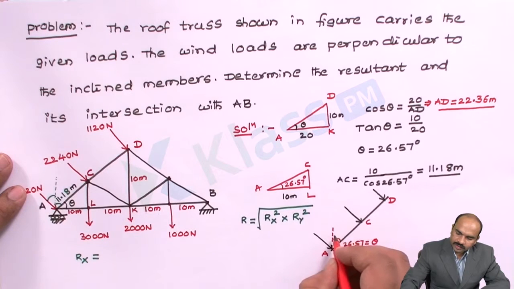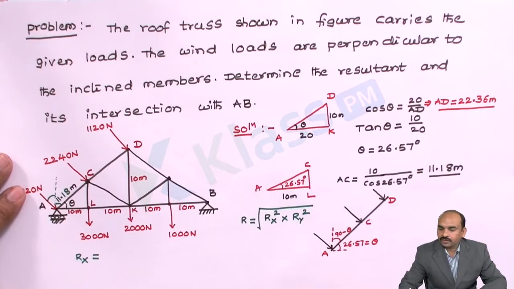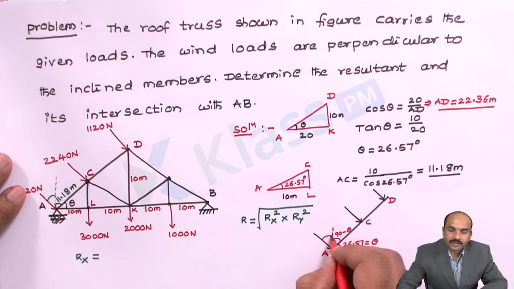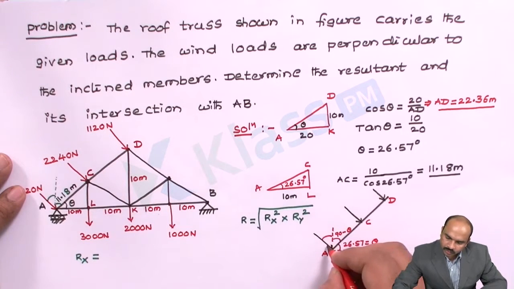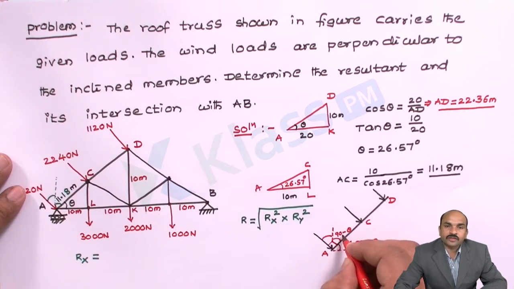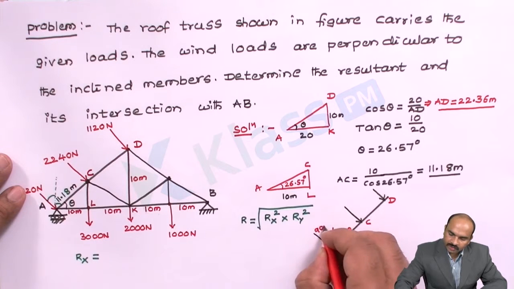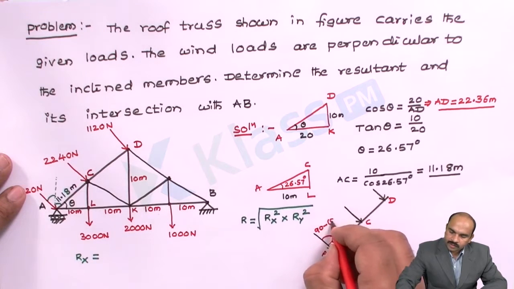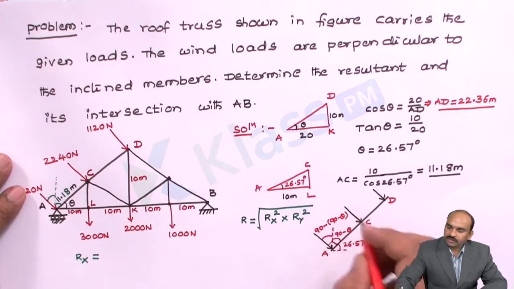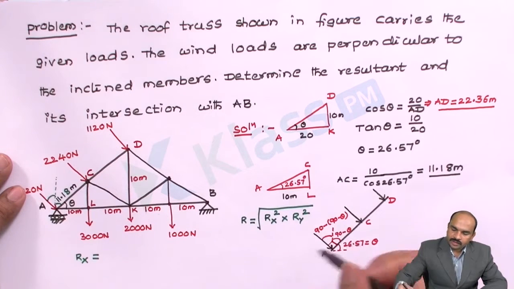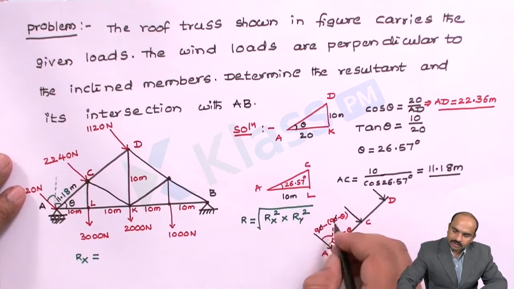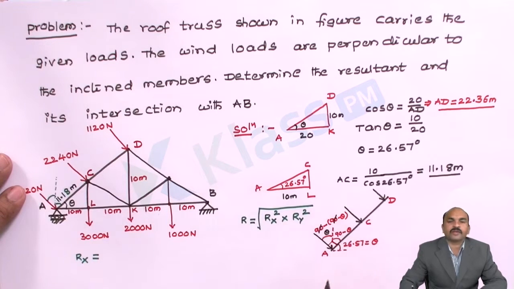Now this angle is 90 minus theta, and this total angle is 90. So 90 minus this will get this angle, so this will be 90 minus theta. In this, the 90 will cancel, so this angle will be theta.